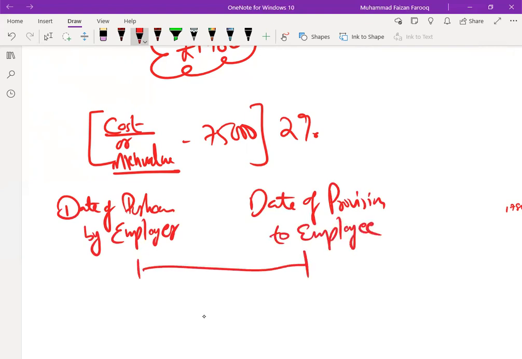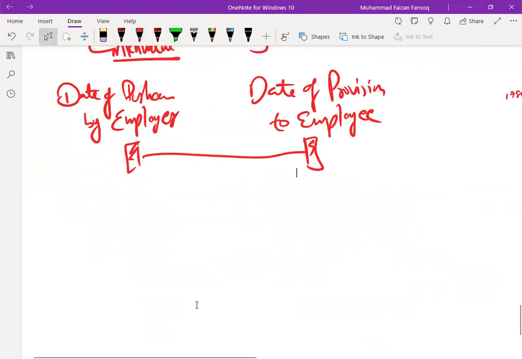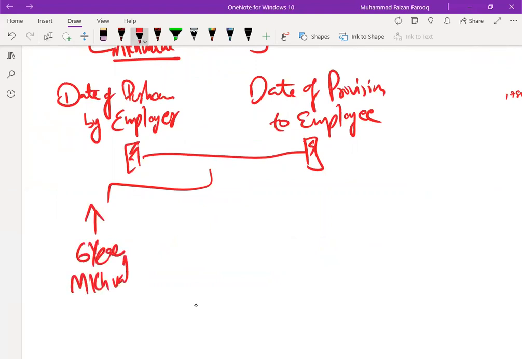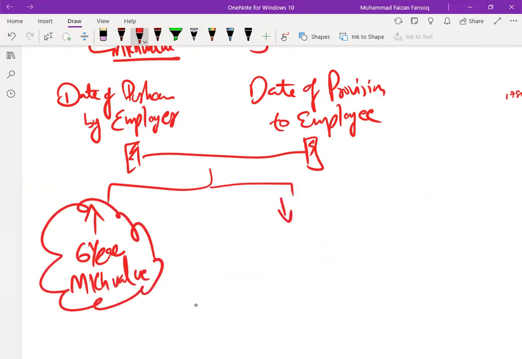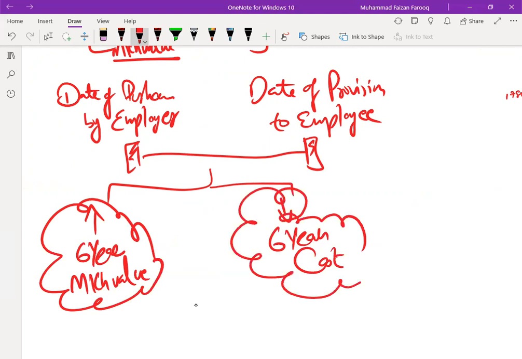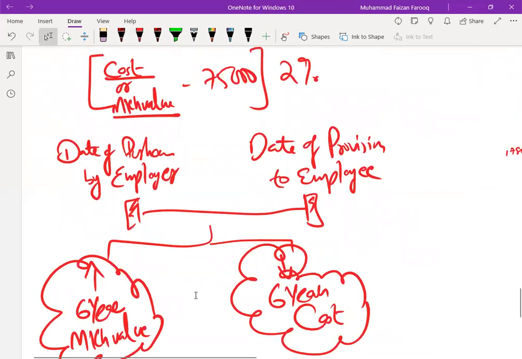There is a gap between these two dates. If the gap is more than 6 years, we are going to take market value. And if the gap is less than 6 years, we have to take cost. This is the simple rule.